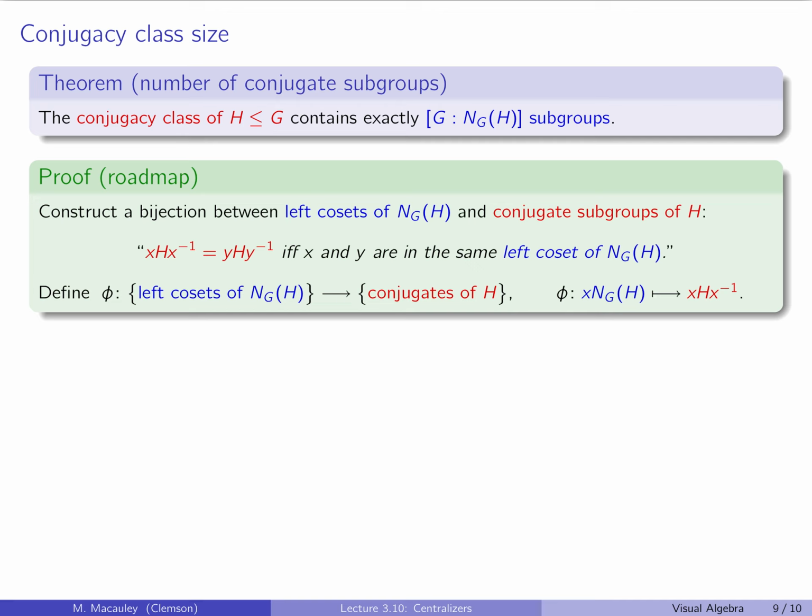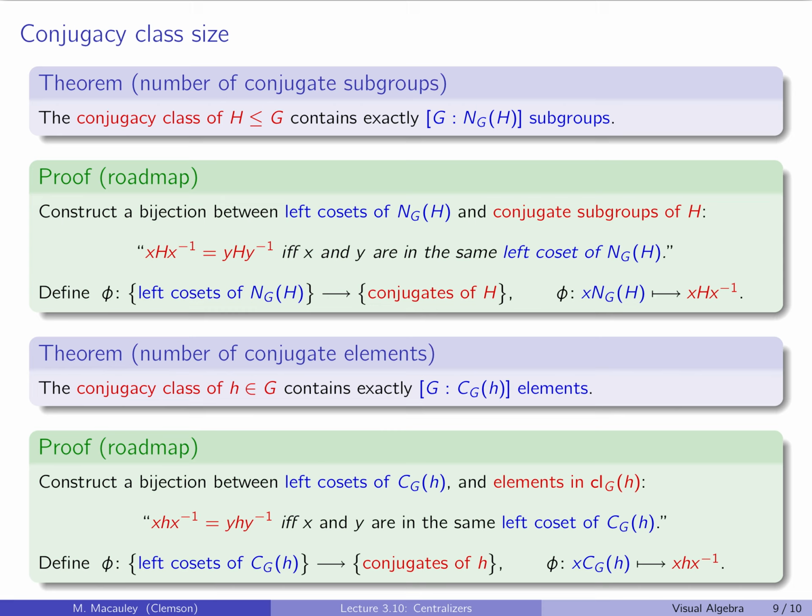In other words, two subgroups are conjugate by x and y if and only if x and y are in the same left coset of the normalizer. So we had to find a map from left cosets of the normalizer to conjugates of H in the only way that we could. We just sent a coset xN to xHx inverse. And we had to show that this was well defined, 1-to-1, and onto.